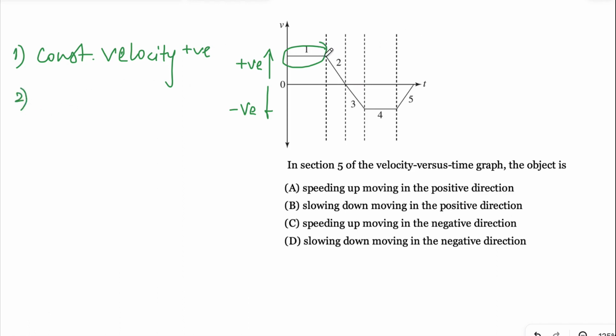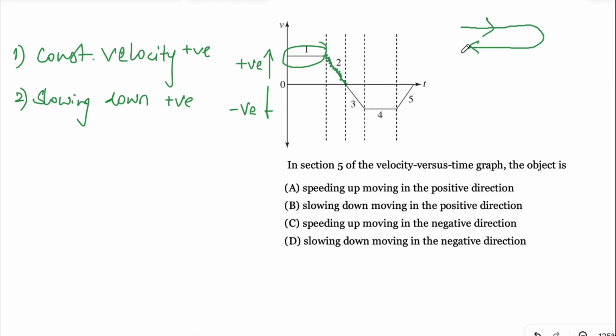Let's take section 2. In section 2, we see the magnitude of velocity is decreasing, but it still stays in the positive space. That means it's slowing down, but the velocity is still positive, slowing down in the positive direction. At a certain point, it will take a U-turn and start moving in the negative direction.